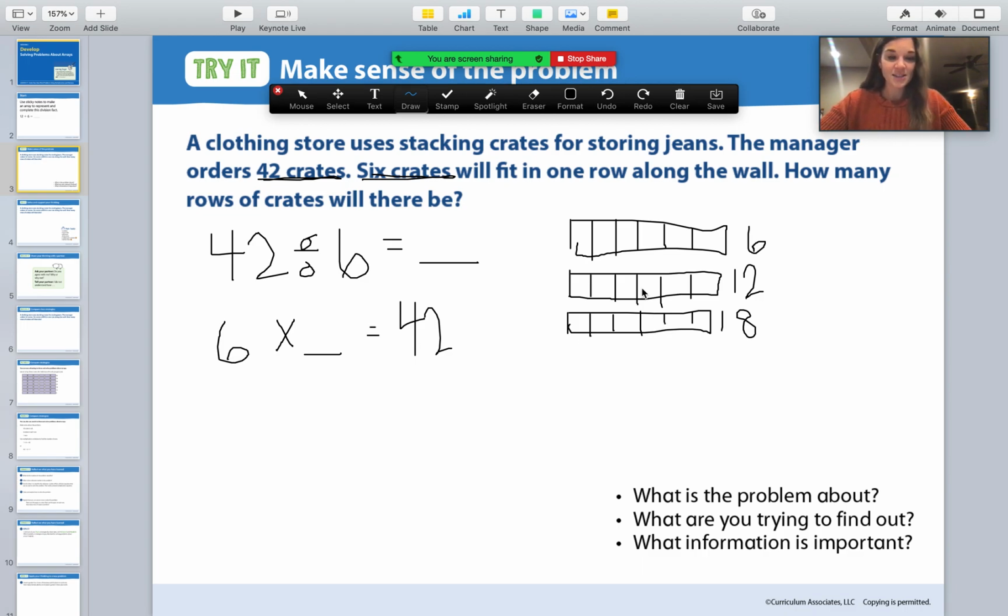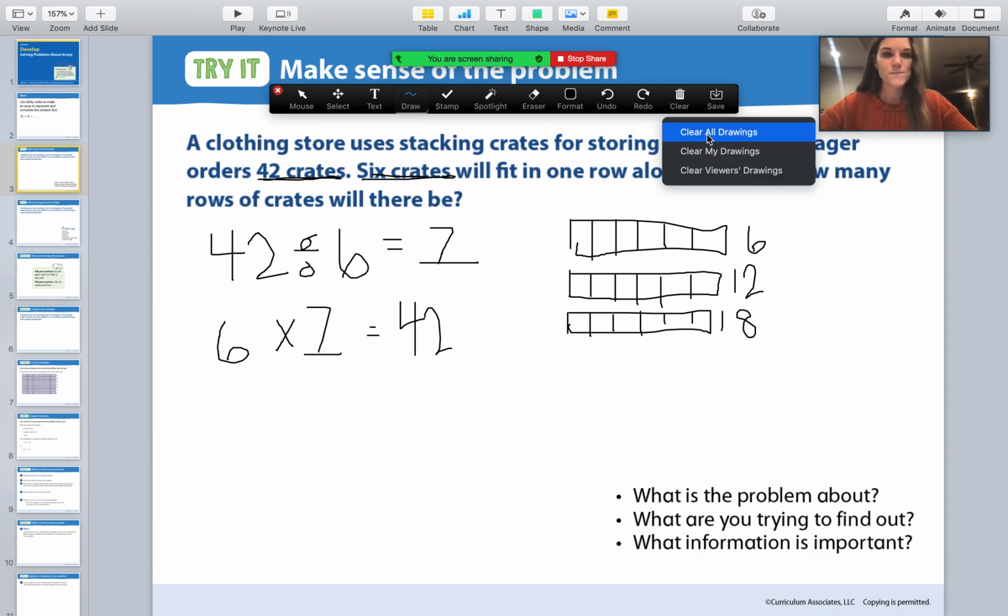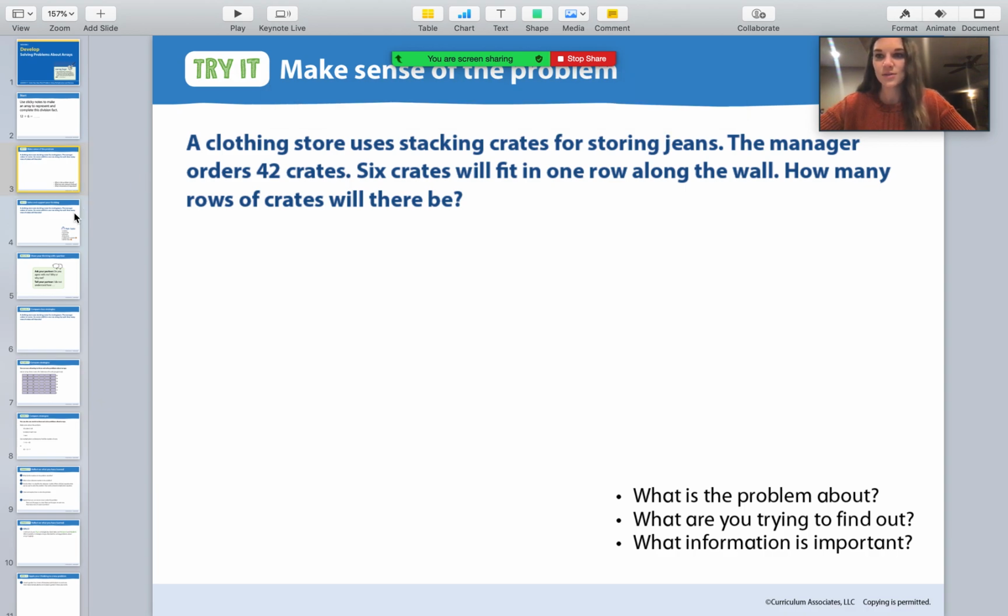So in the end, what you should have gotten to, so we had 18 here, and if we had kept going, we would have gotten to 7 rows. Okay, so 42 divided by 6 equals 7, or 6 times 7 equals 42. Let's clear those.